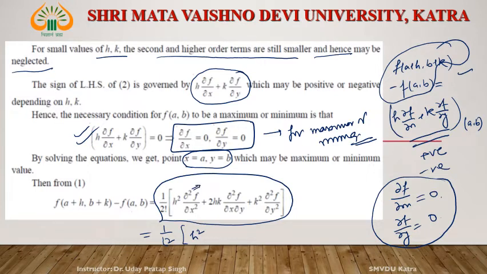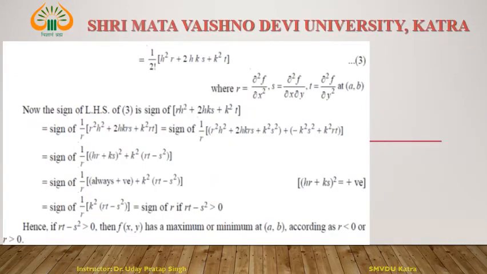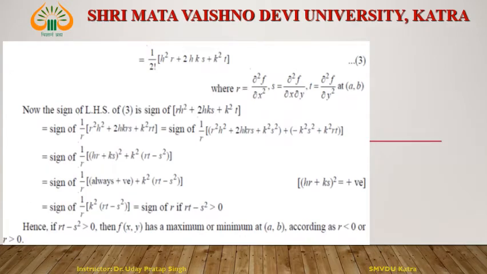We call this notation r, this second order partial derivative s, and this derivative t. So r is dou 2f by dou x2, s is dou 2f by dou x dou y, and t is dou 2f by dou y2, right?